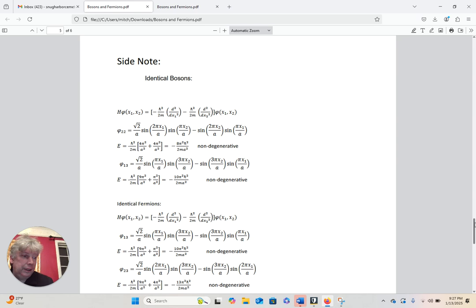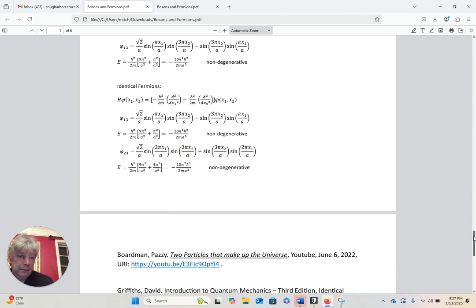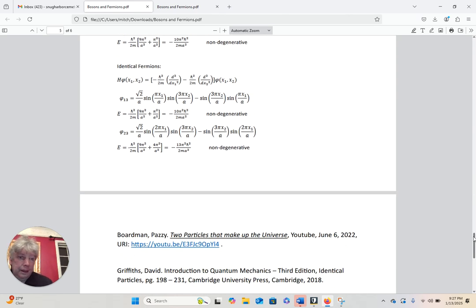But now if we go down here and look at the fermions, that state is not even listed, because the fermions really cannot exist in the same state, and that's why they got a different eigenvalue.